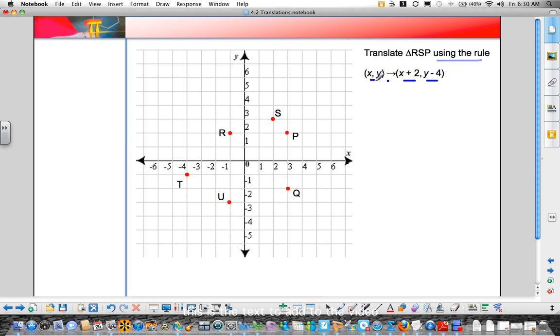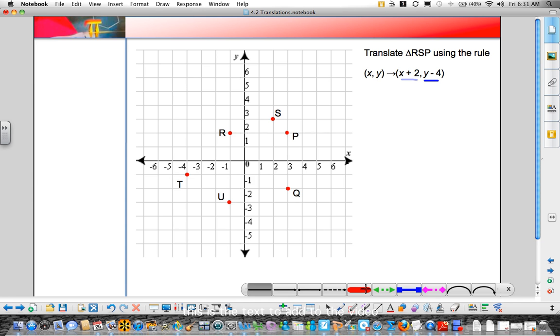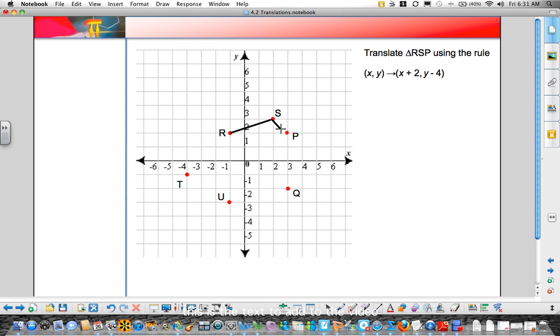So that's telling me that for every ordered pair in my pre-image, I'm going to add 2 units to the x-coordinate, and subtract 4 units from the y-coordinate. So let's start by drawing our triangle RSP. These would be the sides of that triangle. But to translate it using that rule, I just need to take every single point and move it 2 units to the right and 4 units down.